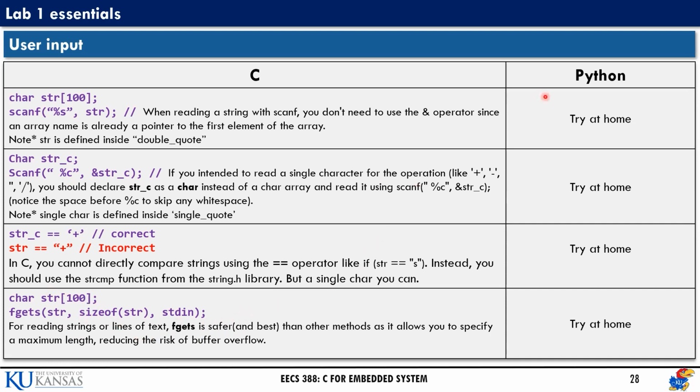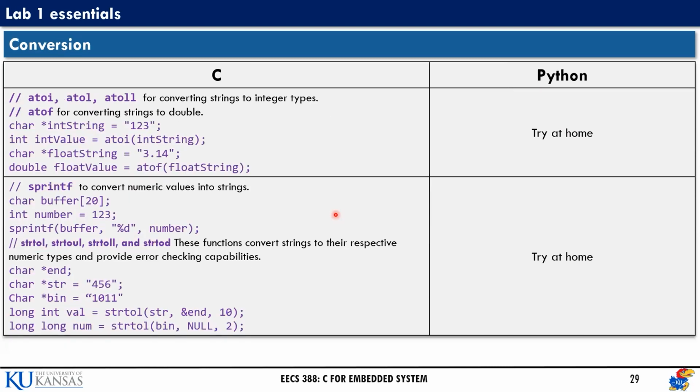As you are already familiar with Python, I will ask you to do the same things using Python to understand how these two languages are different from each other. Also, we need to understand some functions.